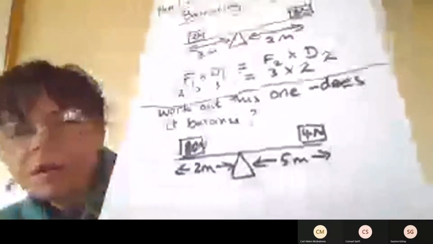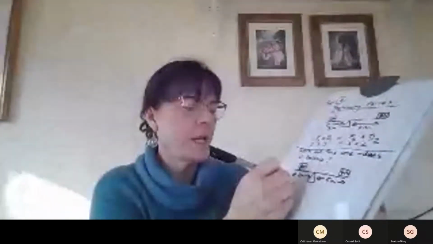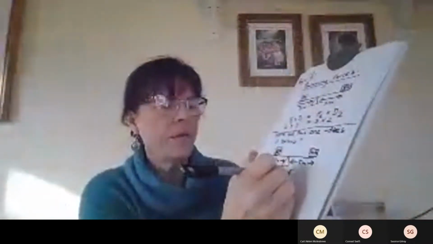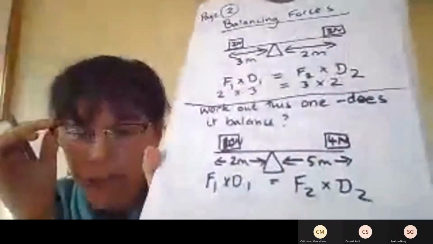Good girl, Kate. So, my arm's getting sore from holding this up. So we're going to do, Kate, I don't know if you were here the last day, F1 times D1. That's the moment on this side equals F2 times D2. That's the moment on that side. Now, if they balance, if they're the same, then your seesaw is balanced, but we want to work out, is it balanced?